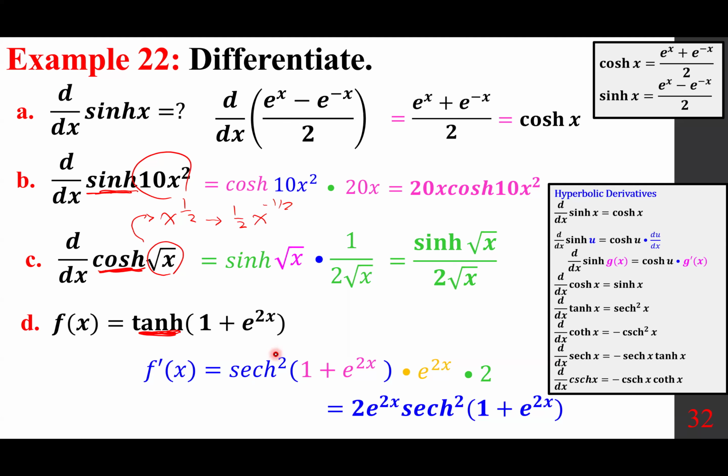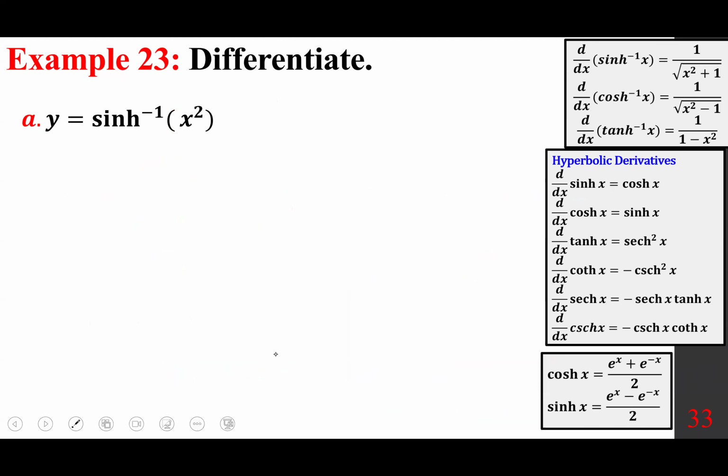So that's how you differentiate hyperbolic functions. Now, what about sinh inverse of x squared? First, the derivative of sinh inverse is 1 over square root of x squared plus 1, when the argument is x, but what if it's not?